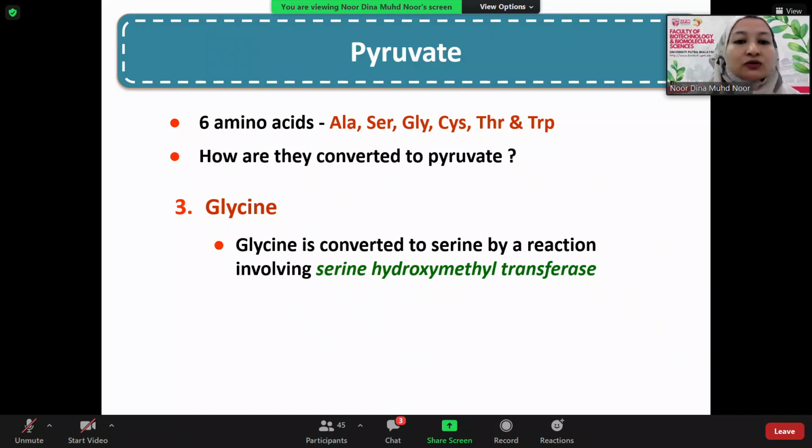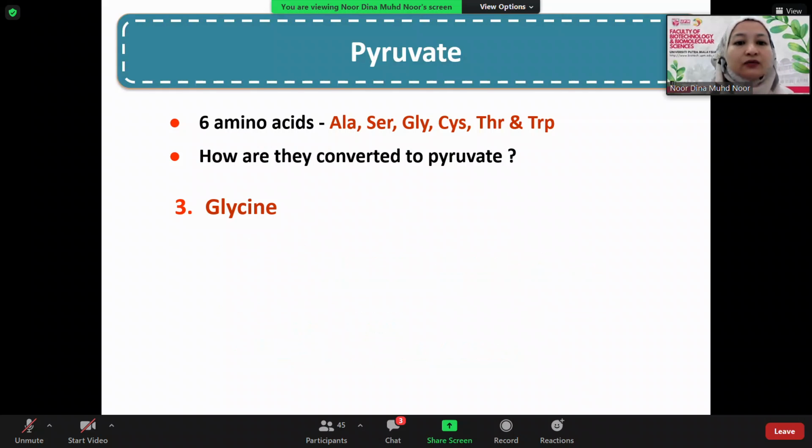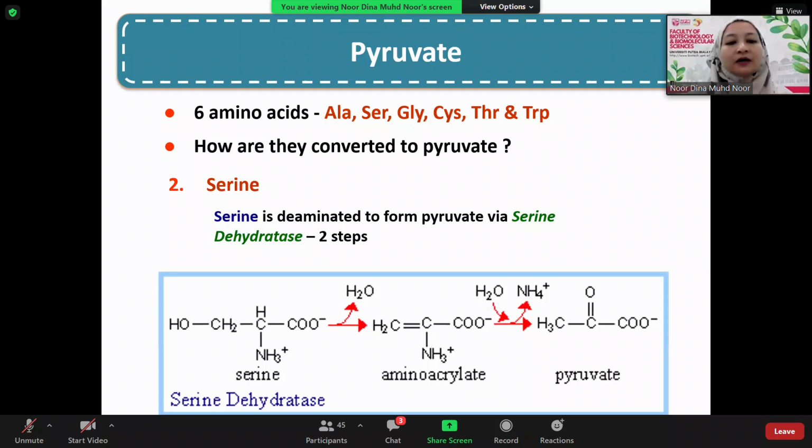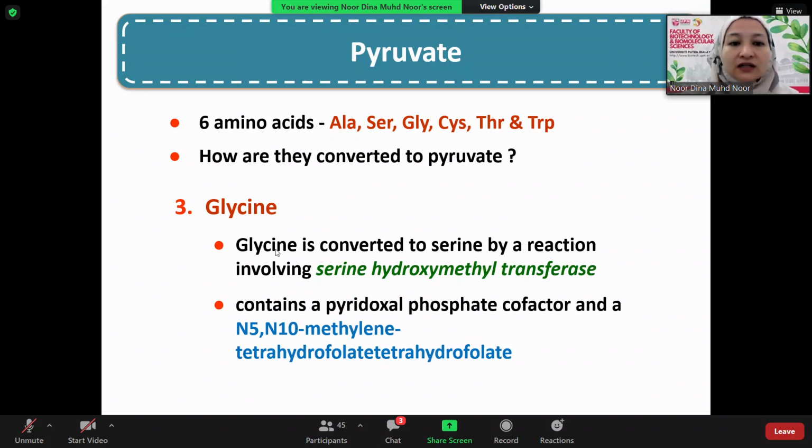And we have also glycine. Glycine can also be converted into pyruvate through the formation of serine as the intermediate first, and then serine will be degraded subsequently as in the serine degradation. So before glycine can be converted into pyruvate, glycine is converted into serine, which involves serine hydroxymethyltransferase.